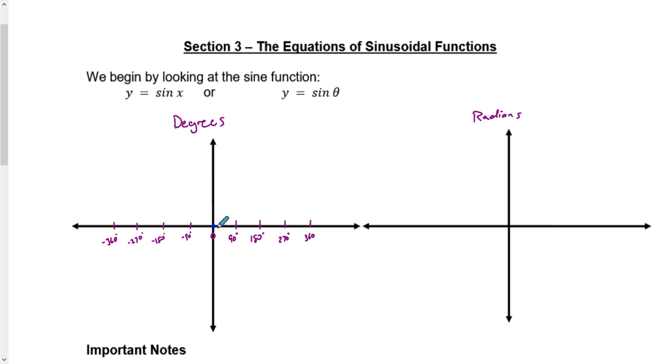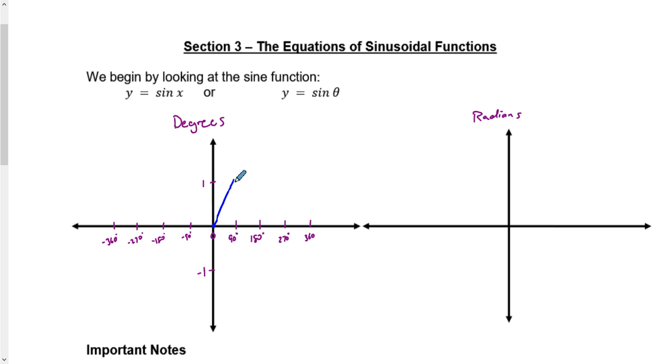Our sine graph. So when we actually graph the sine function, one more key characteristic, and try and make it as much to scale as possible, -1. The sine graph looks like this.